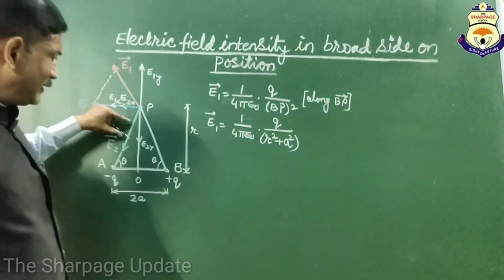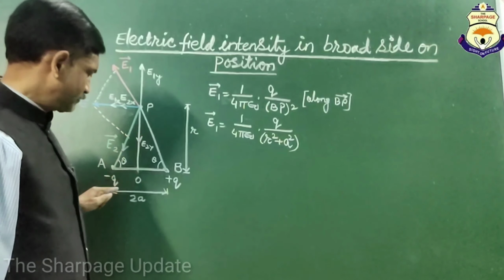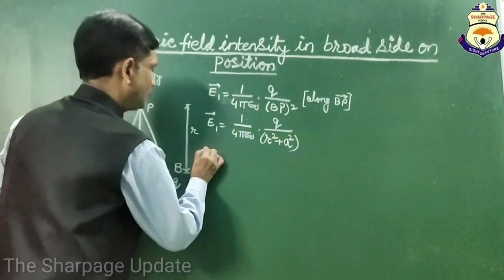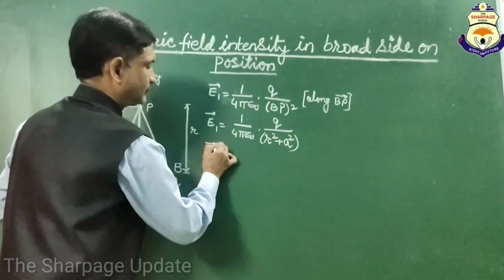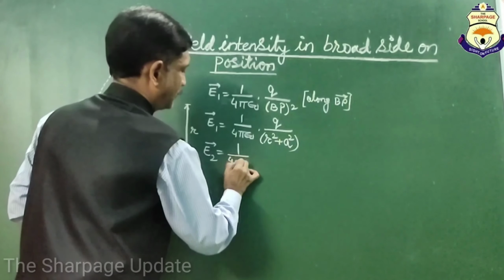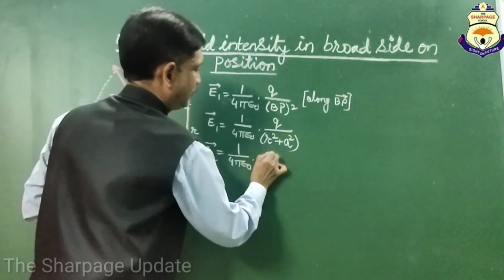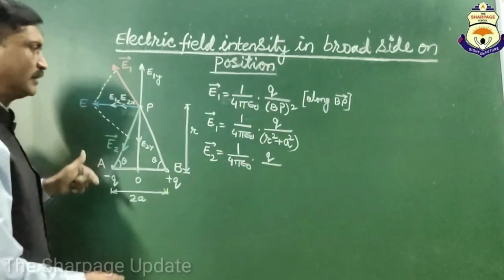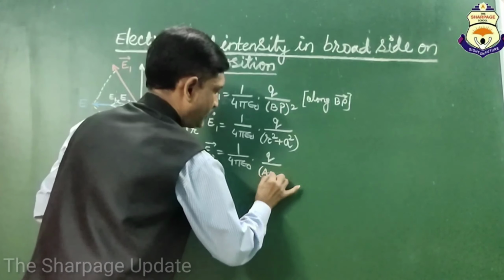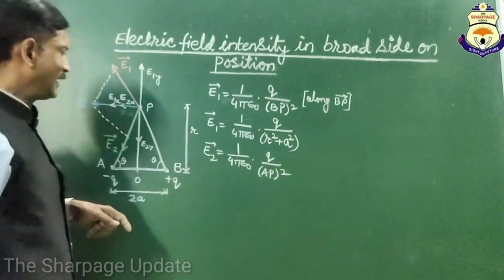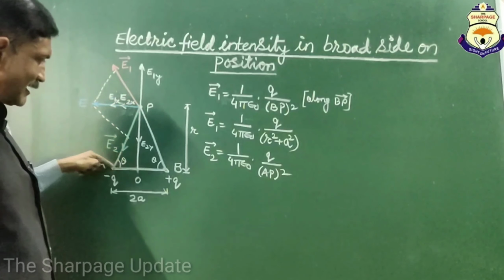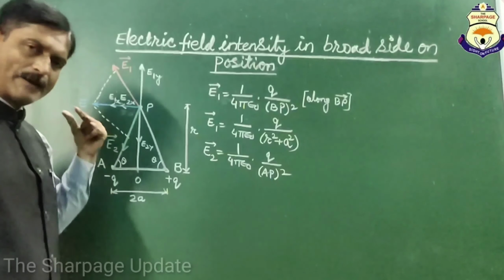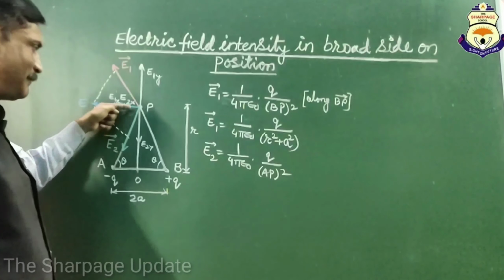Now, the electric field intensity E2 due to this minus Q charge will be E2 equal to 1 upon 4 pi epsilon 0 into Q upon the distance between P and the minus Q charge, which is AP, so AP square. Now again, by this right angle triangle and by using the Pythagoras theorem, we can find the distance AP.